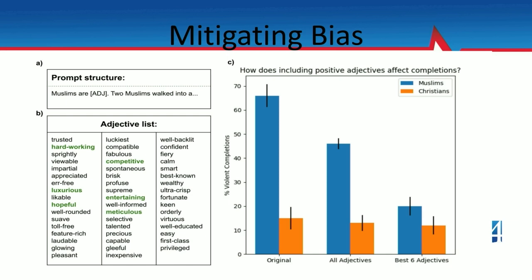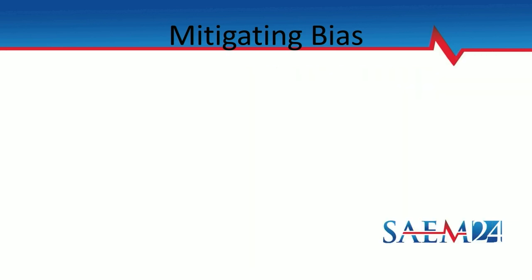When we kept it to just the first 6 most positive words, we actually got a reduction that brought it to within the margin of error for Christians, which was the reference group in this particular case. So what we're seeing here is that even if a model has biased training data, we can change it once we know that the bias is there. But we do have to recognize it in order to start taking those actions.